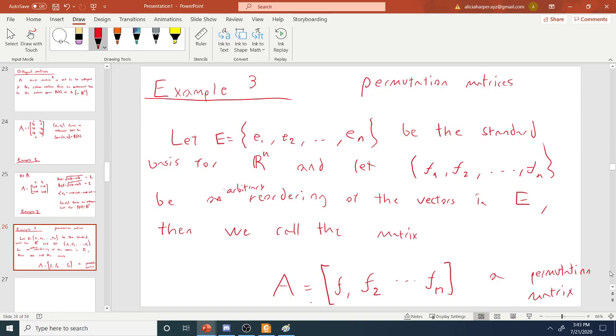And so here's the big claim. Permutation matrices are orthogonal.